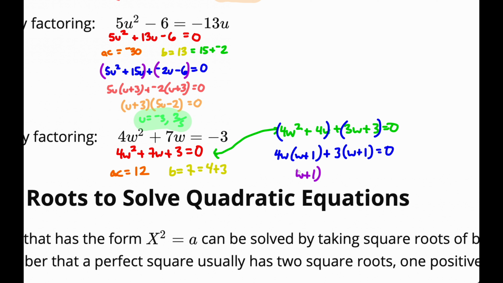Factor out the w plus 1, and you end up with the quantity w plus 1 times the quantity 4w plus 3 is equal to 0. And your final answer is going to be w is equal to -1 or -3/4.